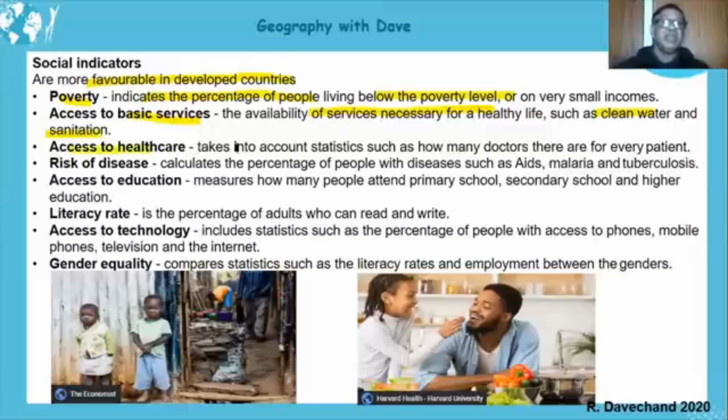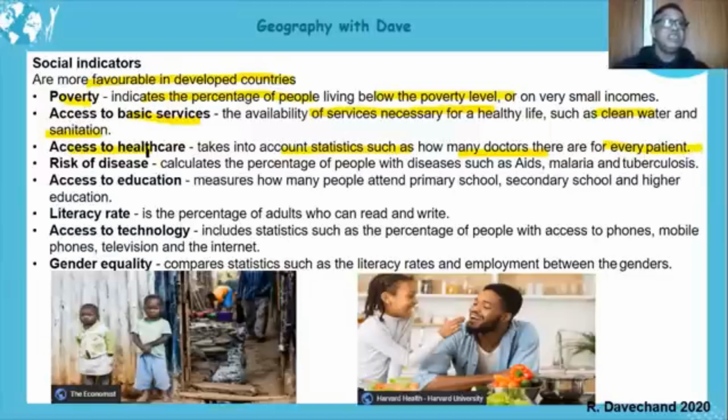Access to healthcare counts statistics such as how many doctors there are for every patient. And of course, there'll be more doctors to patients in a MEDC country.